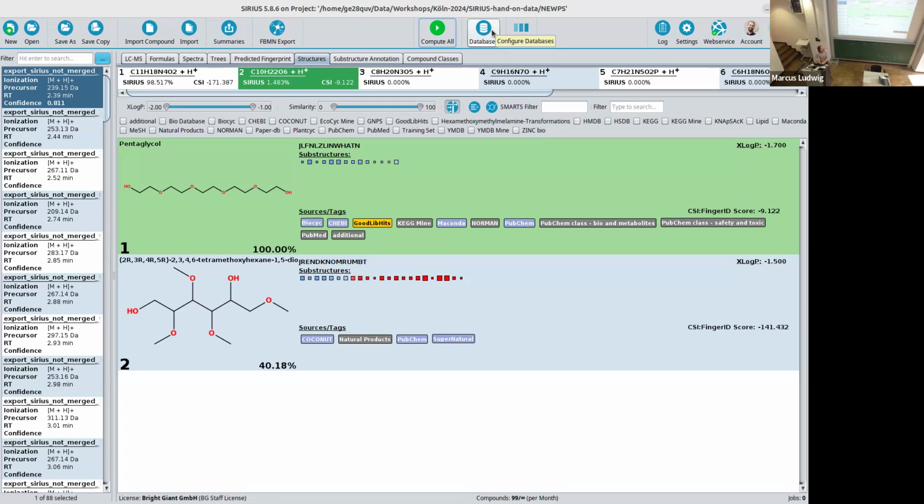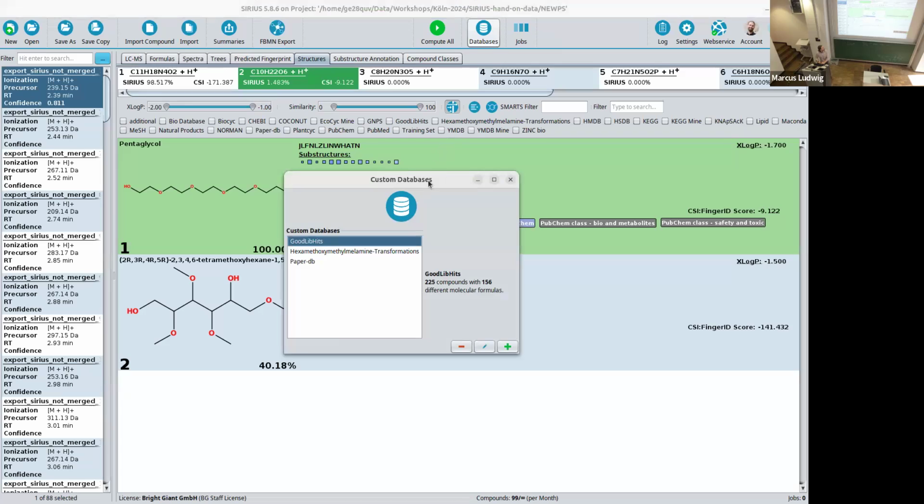And we do it by clicking on the database, right? And then what I did, because I honestly have no chemical background and no big idea of what the interesting compounds in here are, is I went to the paper and looked first at what compounds were annotated there. So this is basically this one here.